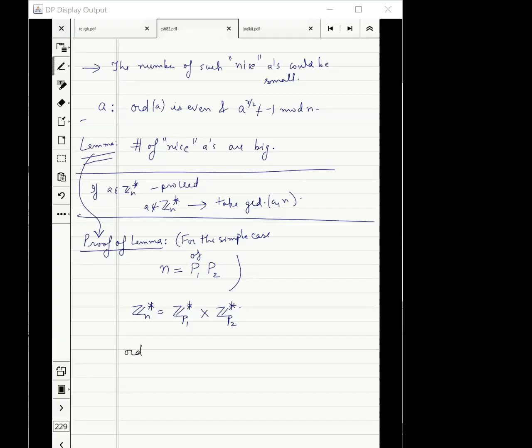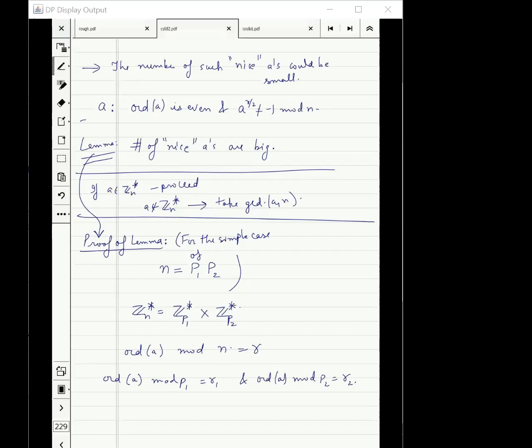I'm interested in the order of A mod n. That means actually I should look at the order of A mod p1 and the order of A mod p2. So the order of A mod p1 is R1, and the order of A mod p2 is R2.